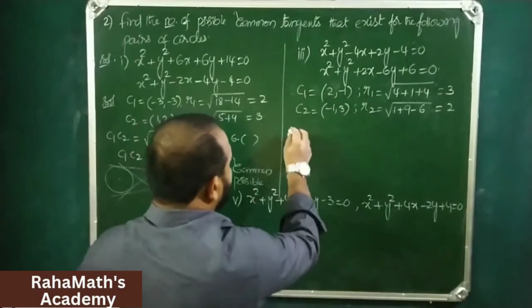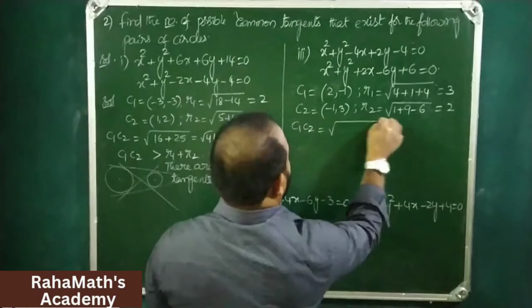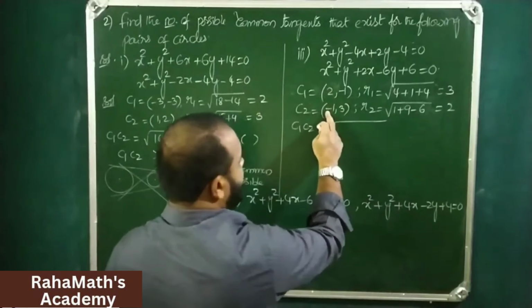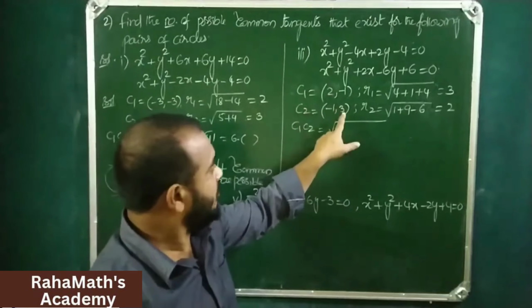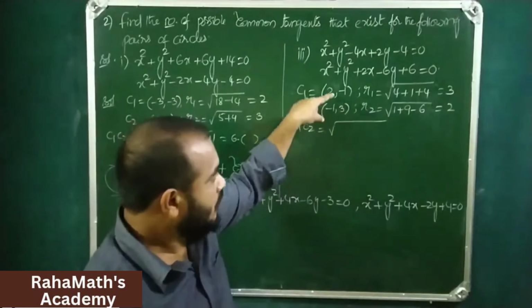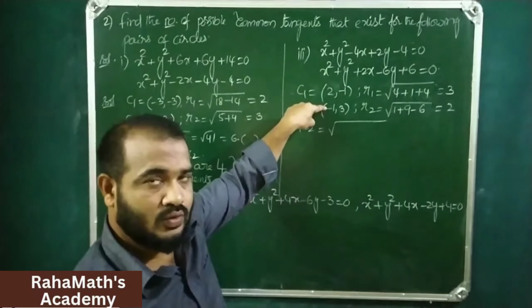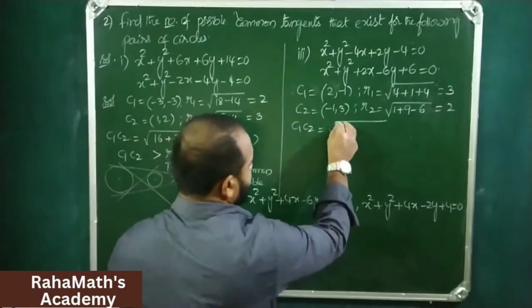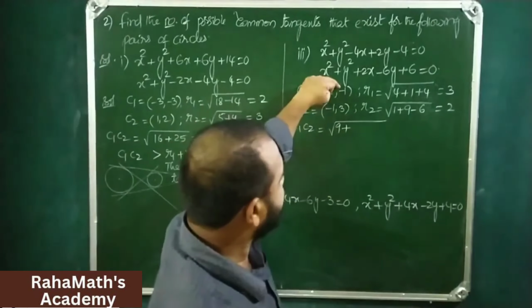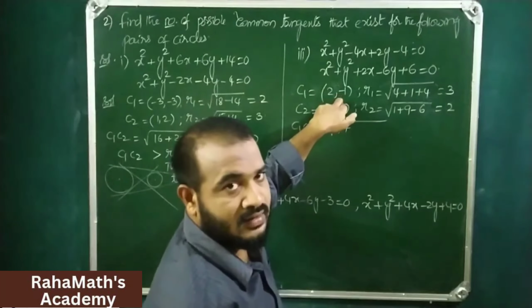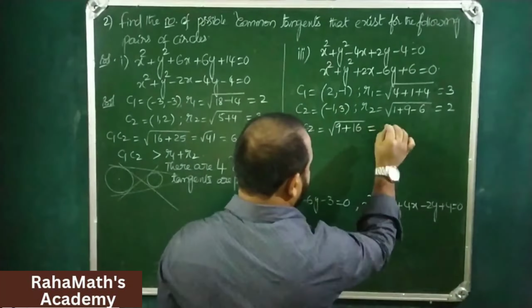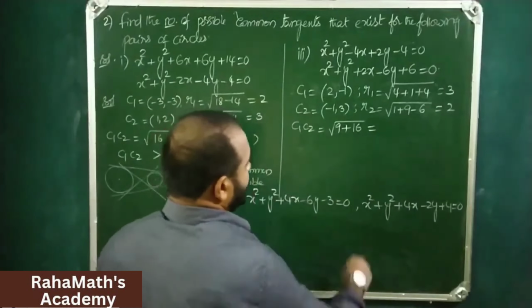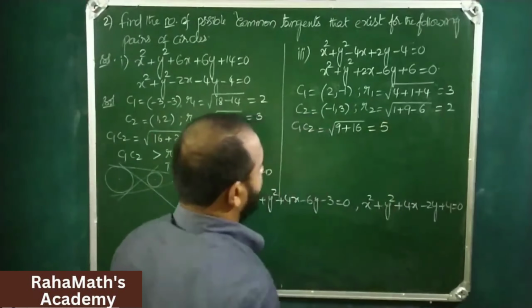Here C1C2 is equal to the square root of (x2 - x1) whole square plus (y2 - y1) whole square. So (2 - (-1)) whole square, which is 3 square 9, plus (-1 - 3) whole square, which is 4 square 16, equal to root 25, which is 5.